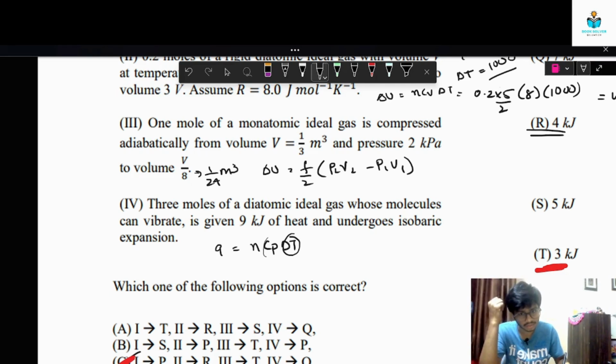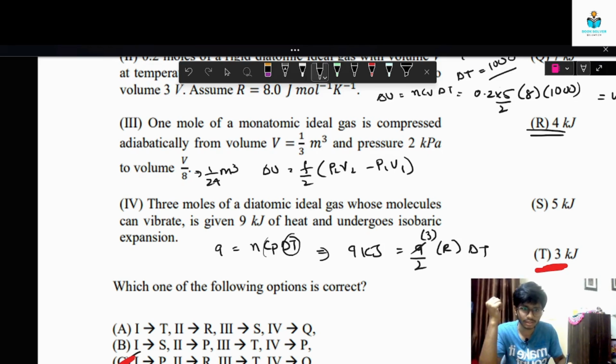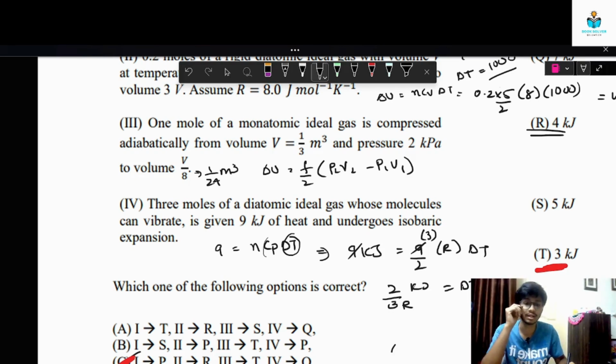So this implies 9 kilojoules is equal to 9 by 2 R into delta T into 3. This gets cancelled, so 2 by 3 R is your delta T. Now what is N Cv delta T, that is delta U?